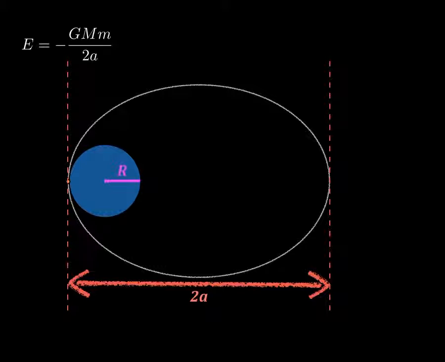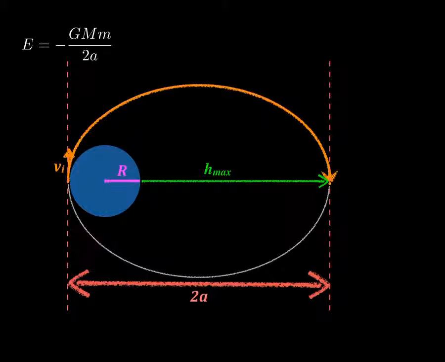The radius of the planet is r, and what we're interested in knowing is, if this object starts with initial velocity vi and makes it halfway through the orbit, what will be the height above the planet at that position, or the maximum height above the planet? And if you draw another radius in this direction, you can see pretty clearly that the maximum height is going to be equal to 2a minus 2r.